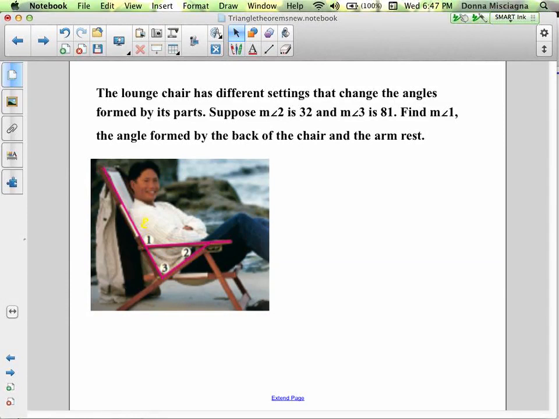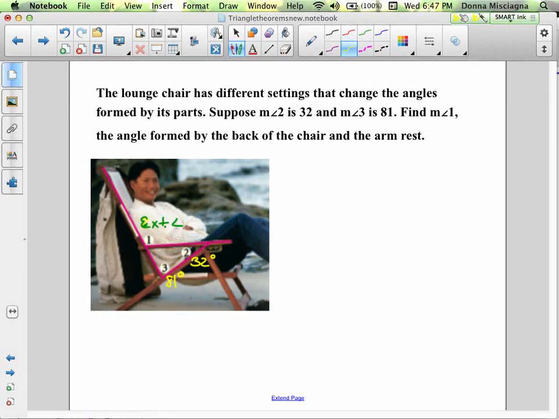So right there, that's an exterior angle, and those are the two interior angles. We're told in this problem that angle 2 is 32 degrees. Shows up nice on his black pants. And angle 3 is 81 degrees.